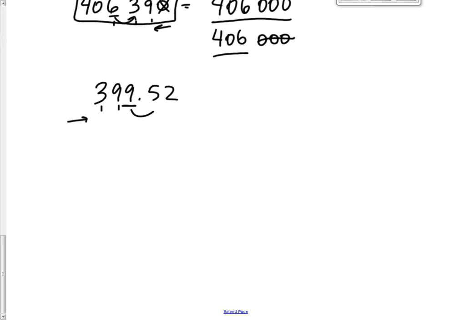And we're going to look to the right. Okay, we see that it's a 5. Okay, so when we see that it's a 5, it tells us to look to the next number. Okay, this number right here is a non-zero. So when it's a non-zero, okay, non-zero, we round up. Okay, so 399.52 becomes 400.